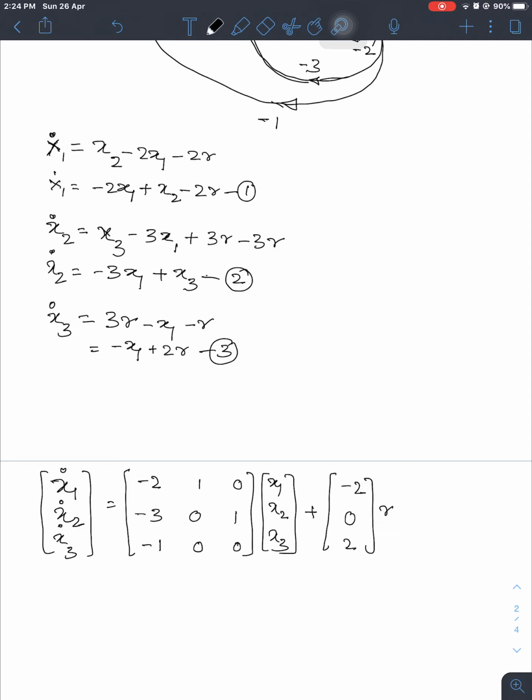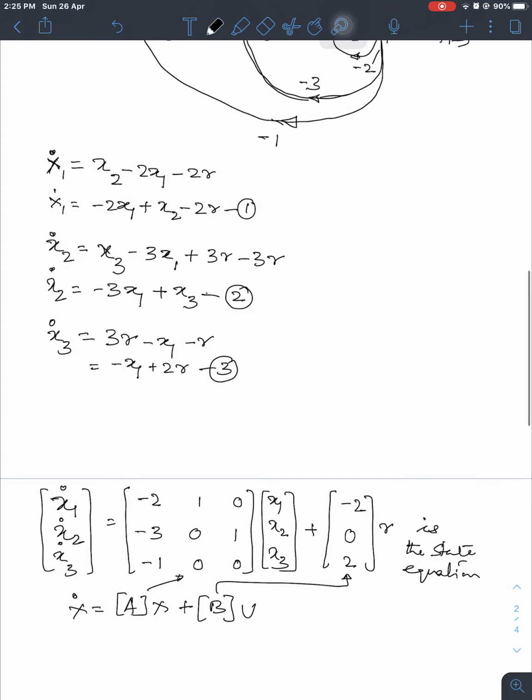This is r. This is the state equation, because the state equation is of the form x dot equal to A x plus B u, where A is this matrix and B is this matrix. We are completed with the state equation.